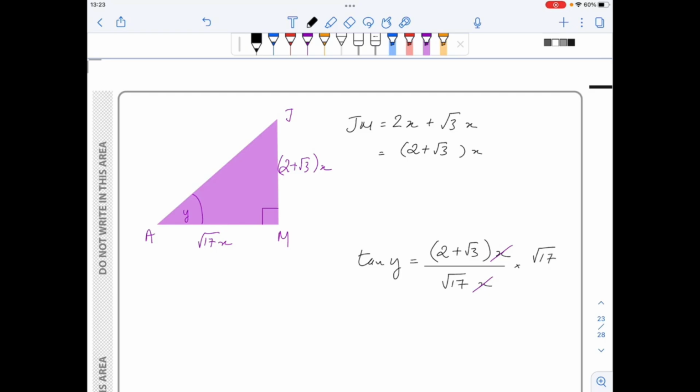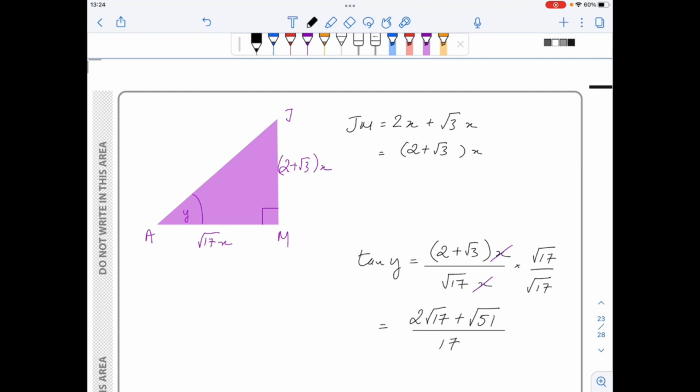I will multiply by root 17 top and bottom. So for the numerator, I will get, if I expand, 2 square root of 17 plus square root of 3 times 17, which is 51. The denominator will give me square root of 17 times 17, which comes out to be 17.